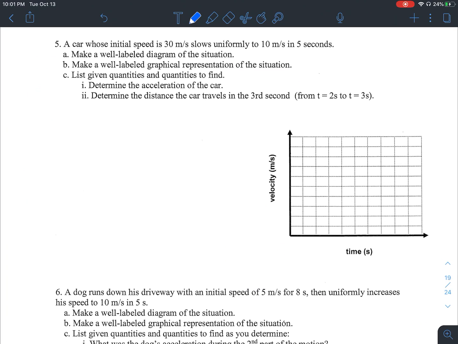Number 5, we have a car that is going from 30 to 10 in 5 seconds, so it's slowing down. So our initial, and hopefully you're now starting to see some patterns here in solving. It's really only the scenario changing and which variables we're given.